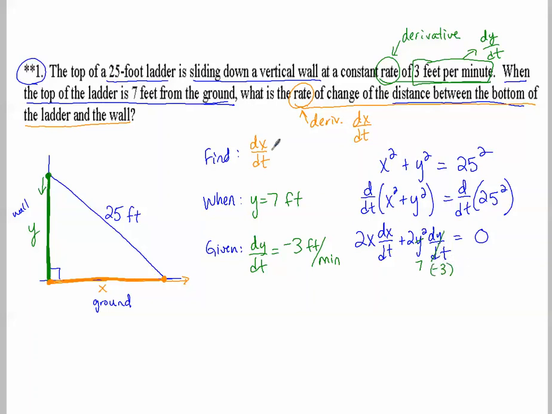dx/dt, I'm trying to find. x, they didn't tell me what x is, so we're going to have to go back to the Pythagorean theorem that we wrote, and use that x squared plus y squared equals 25 squared to figure out at that instant when y is 7, what is x?